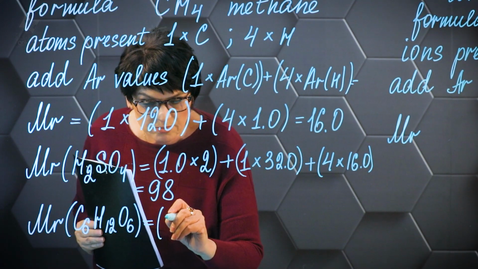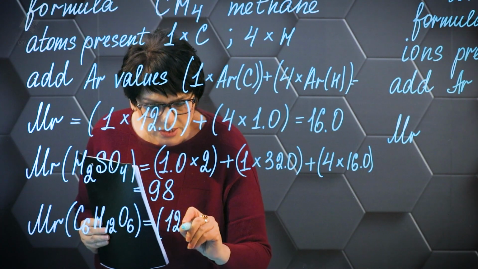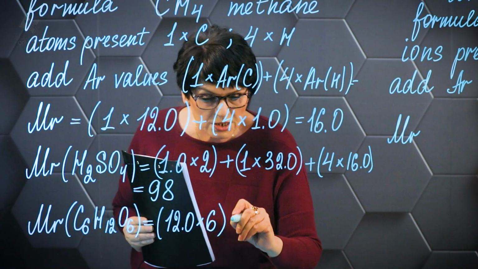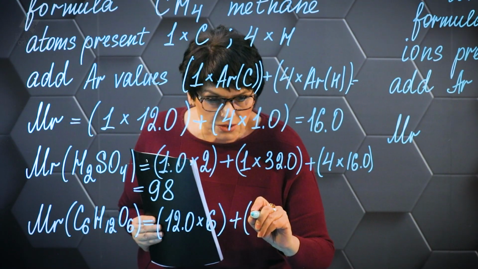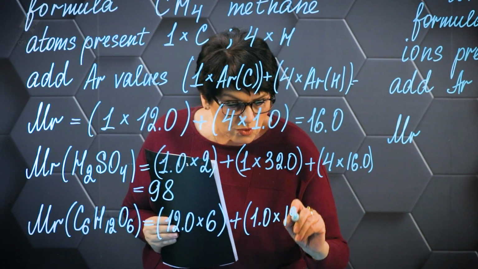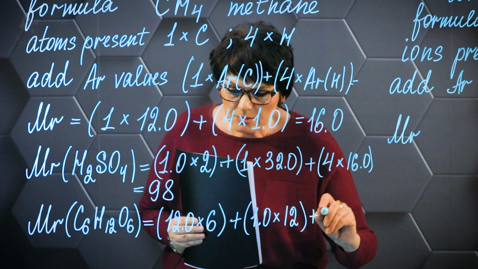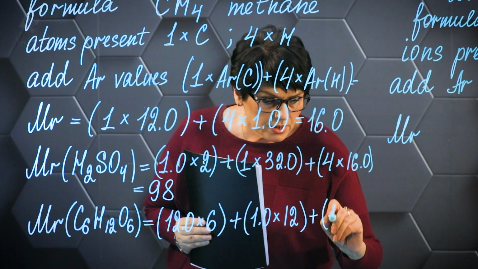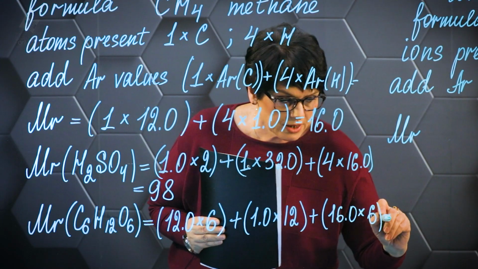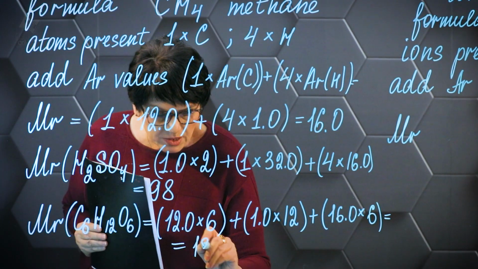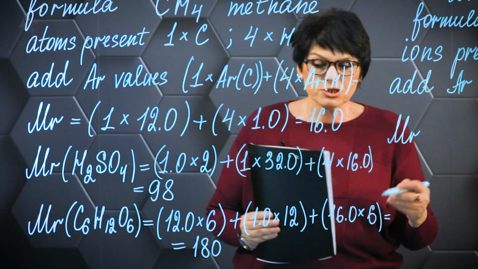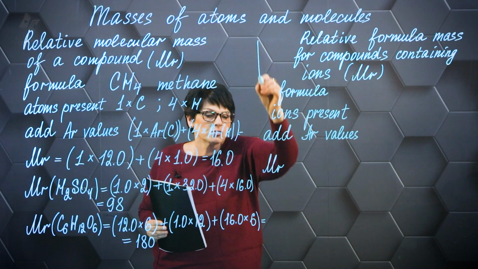Well, we need the mass of carbon, 12, multiplied by its number of atoms, 6, plus the mass of hydrogen multiplied by its number of atoms, 12, and the mass of oxygen multiplied by its number, 6, and the result is a mass of 180. So, how the calculation of compounds made up of molecules is done, I think is clear.